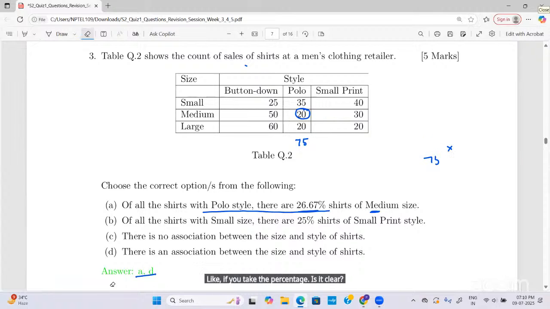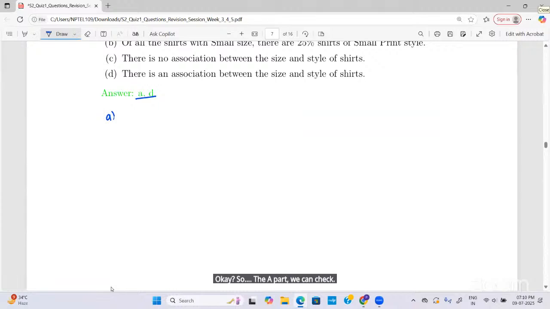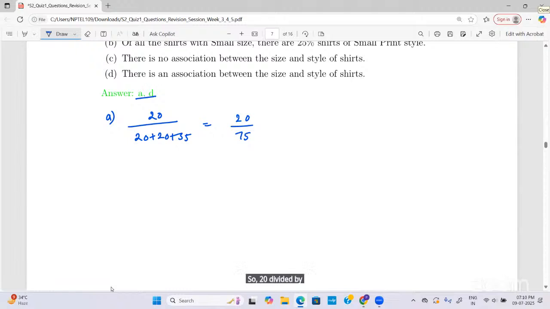Yes, ma'am. So the A part we can check: 20 divided by 20 plus 20 plus 35 gives the total polo style shirts, so 20 divided by 75. If you multiply by 100, you will get the percentage.